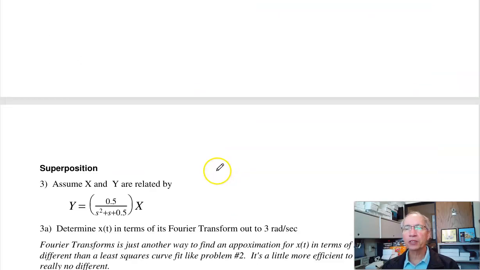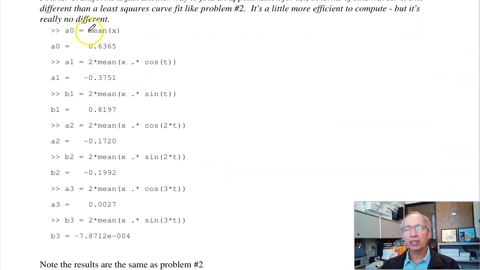So that's another way to do it. If I do that and say what is the average of x, that's a0. Same as we got with least squares. What is twice the average of x hit with cosine of t? That was a1. Same answer as before. Twice the average of x with sine of t, that's b1. So this is just another way to find the coefficients.